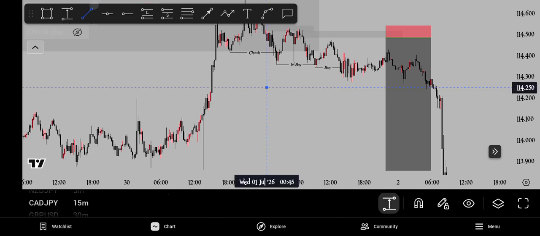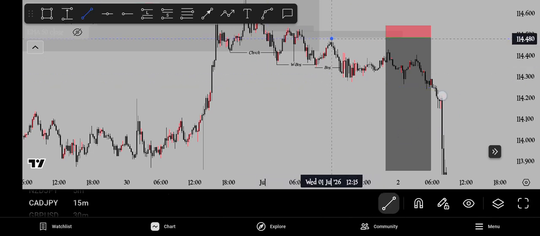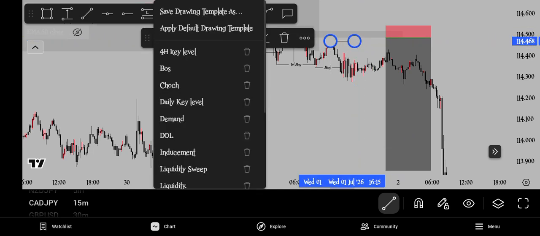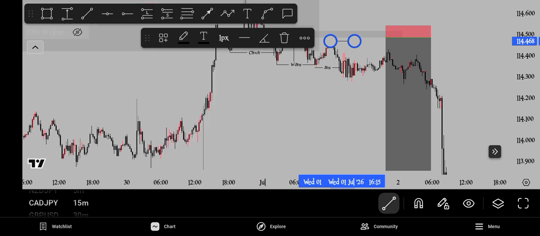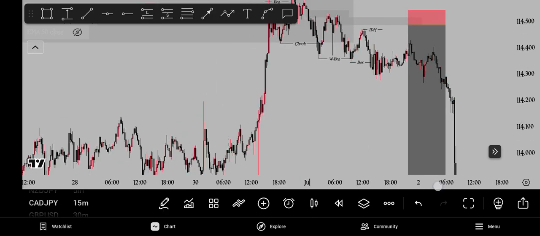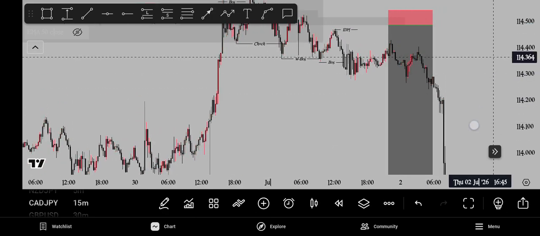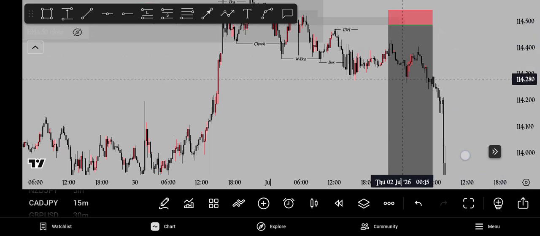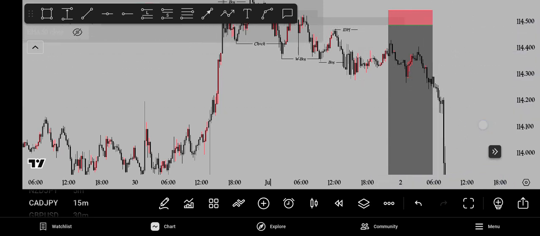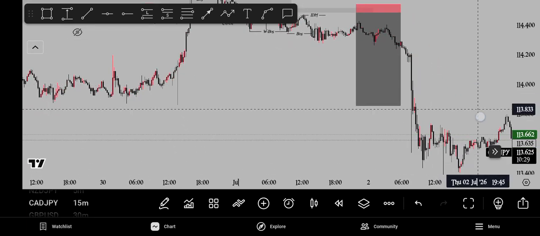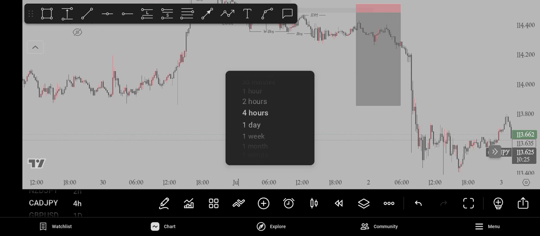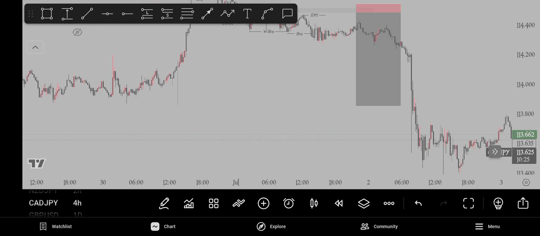This was serving as an inducement. But price didn't even get there. They didn't even reach that place. It just came here, created this structure, and when the news hit, it just dropped, taking this draw on liquidity out.